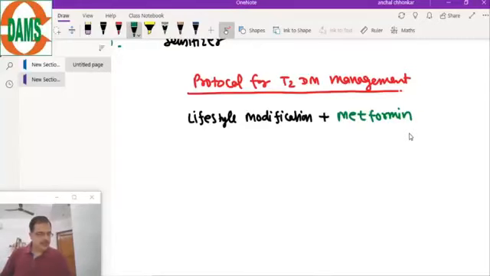If HbA1c is normal and fasting values are high, then only lifestyle modification will be done.